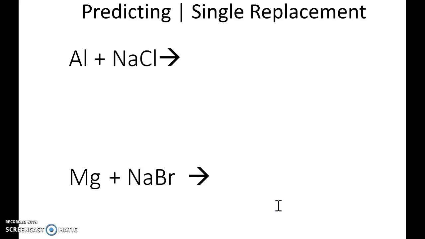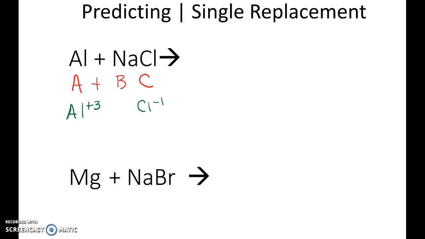So we're going to look at a couple more examples together. So I have my reaction framework, A plus BC, and my first step is to write out the charges of A and C. So Al is element A, it has a +3 charge, and then Cl has a -1 charge.